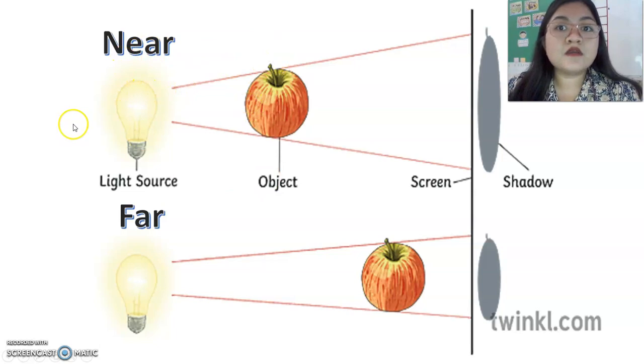So in the near illustration, the apple is near the light, which gives us a big shadow. But when the apple is far from the light, it has only a small shadow. So if the object is near the light, the shadow is big. But when the object is far from the light, the shadow will be small.